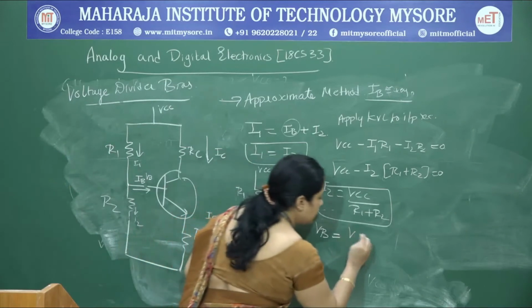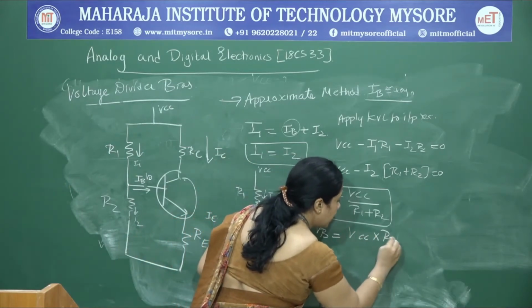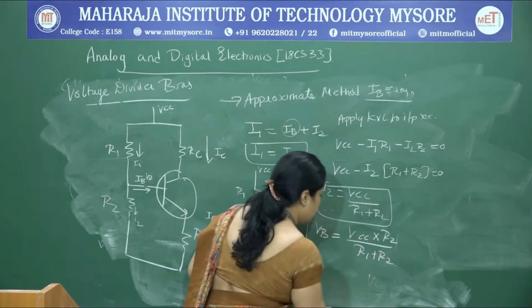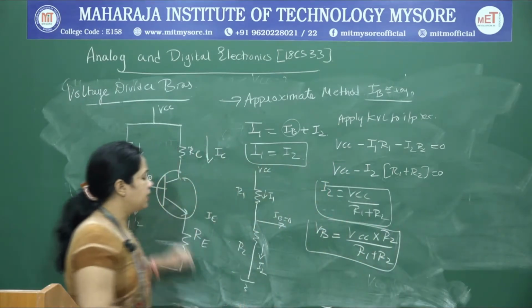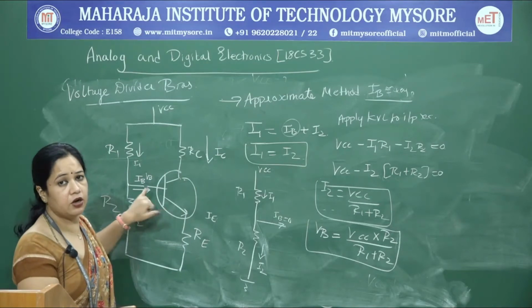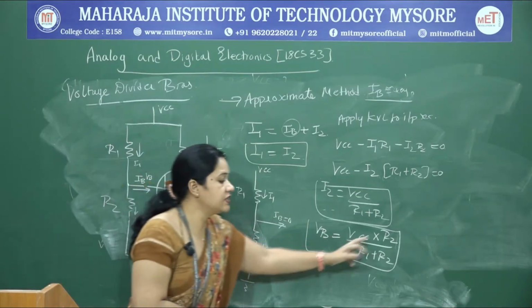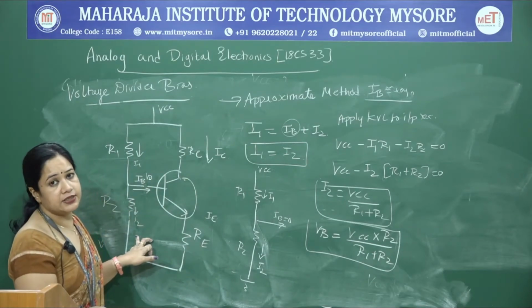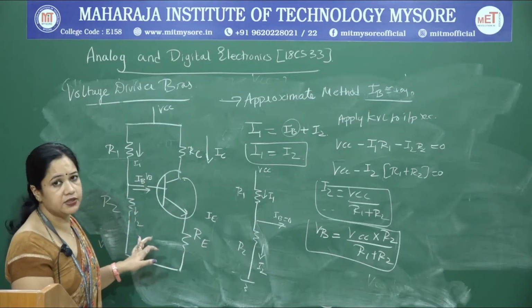So, VB is going to be VCC into R2 divided by R1 plus R2, because R1 and R2 act as a voltage divider circuit.